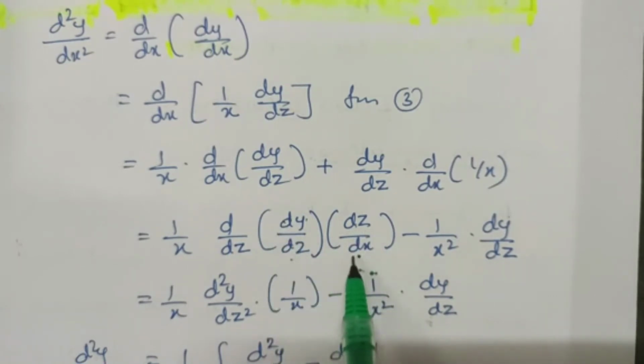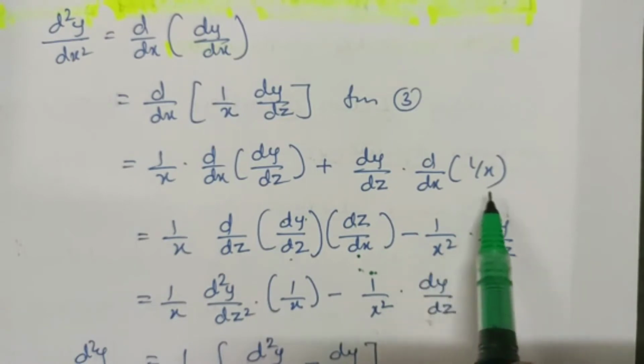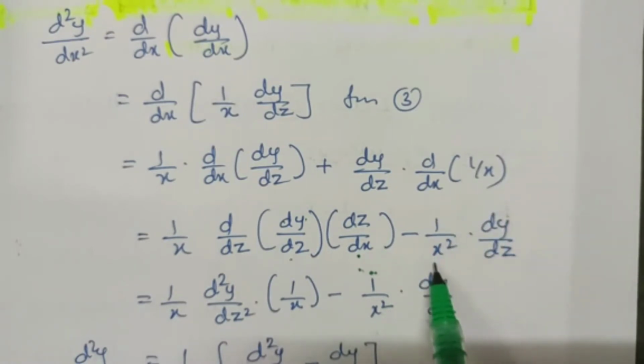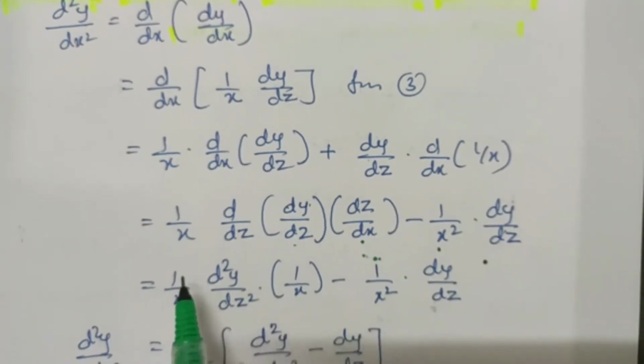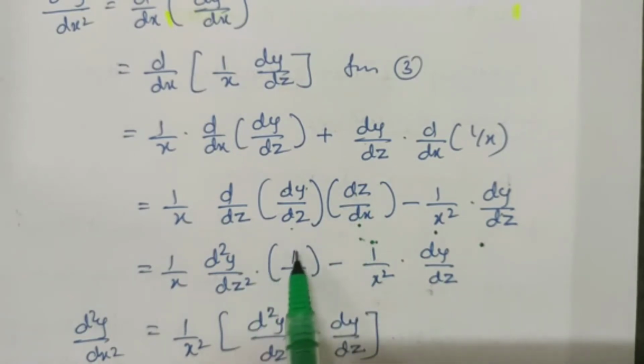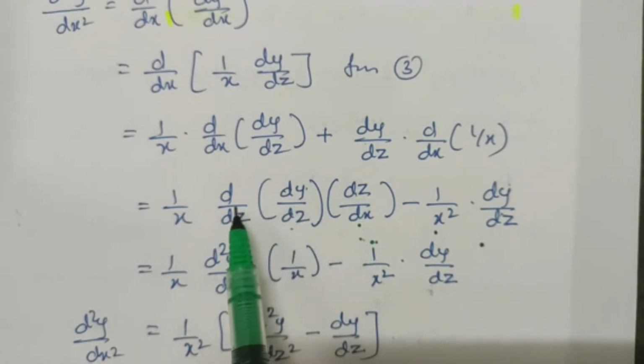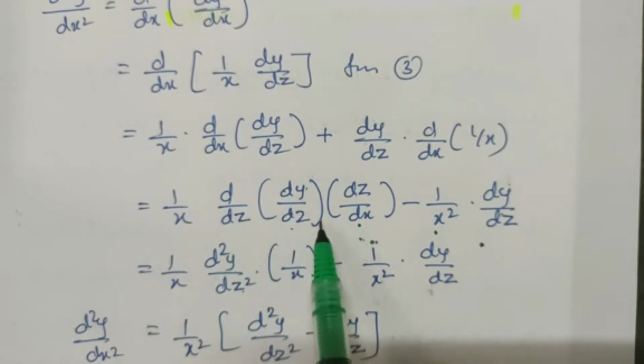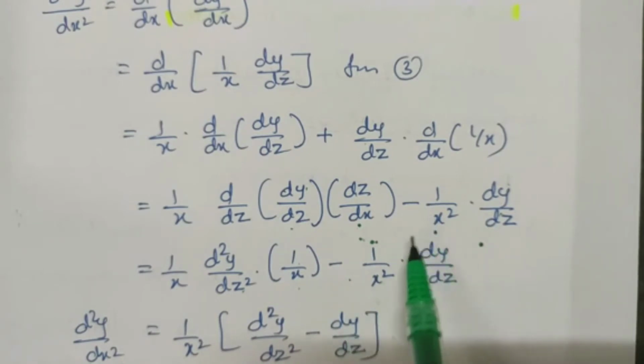And minus, the derivative of 1 by x is minus 1 by x square, and this dy by dz as it is. So now it is 1 by x times d2y by dz square times dz by dx, which is 1 by x, minus 1 by x square dy by dz.